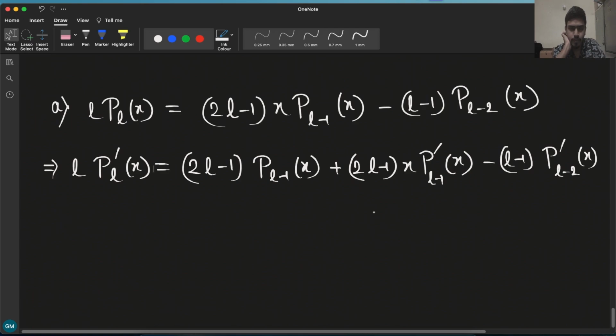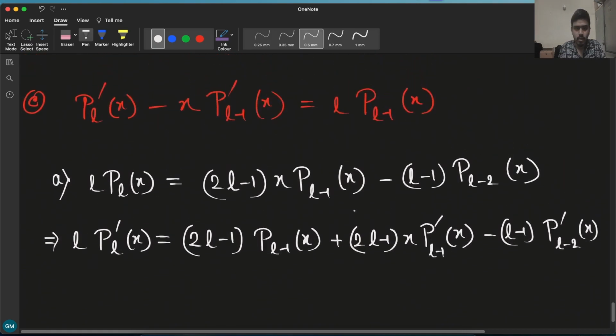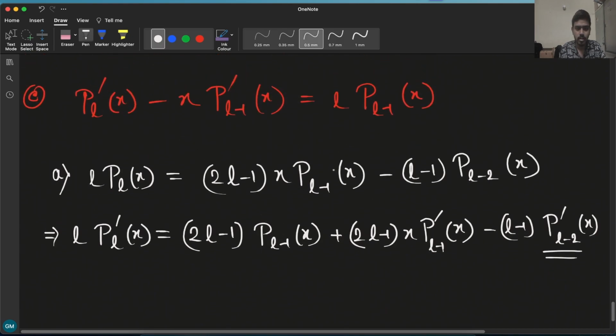Now we still cannot, so there is L minus 2 here. So p of L minus 2 is present here. We somehow need to cancel it, because here there is no p L minus 2, right?